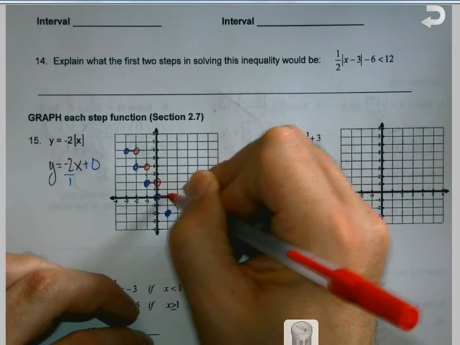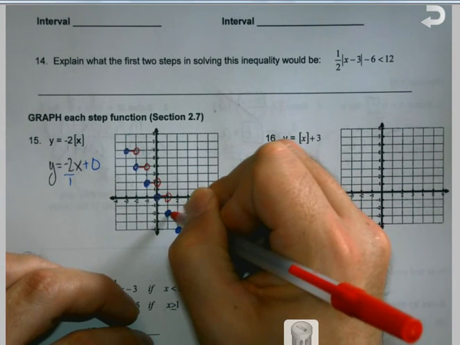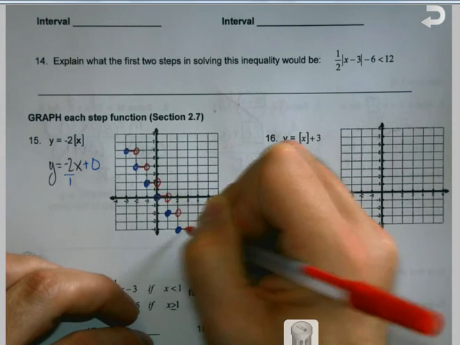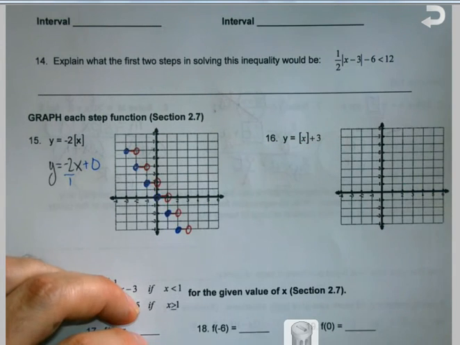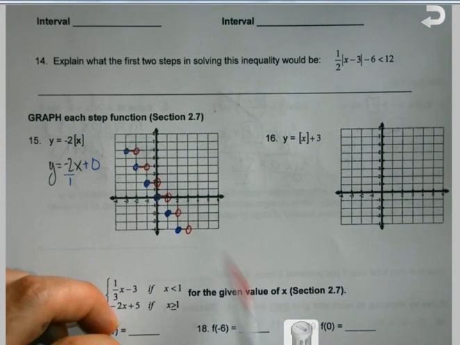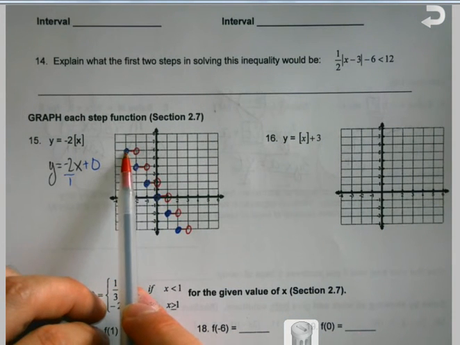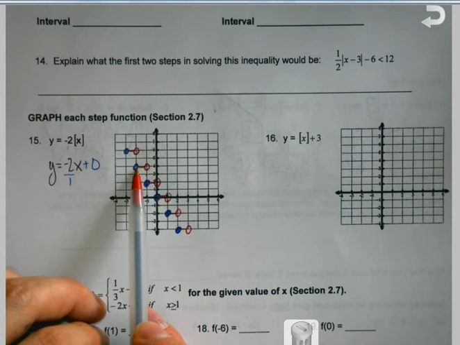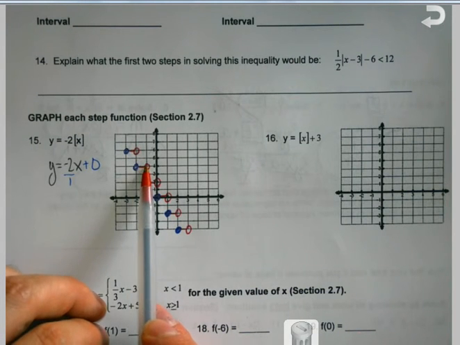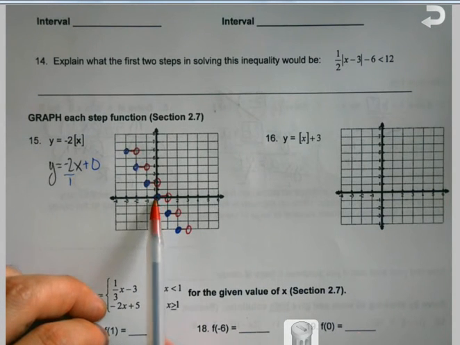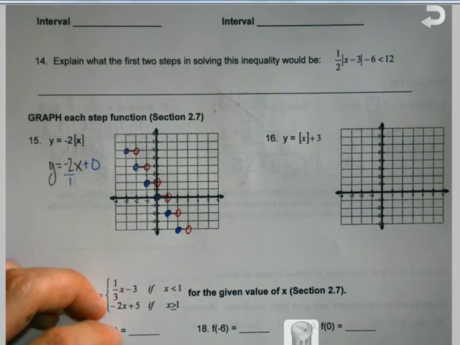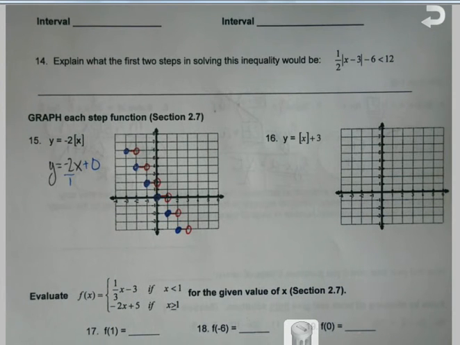There's the step. You notice as you move from left to right, I go here, open circle, but there's a closed one right below it. Open, closed one right below it. There aren't any gaps in my values, but that's how the step function will work.